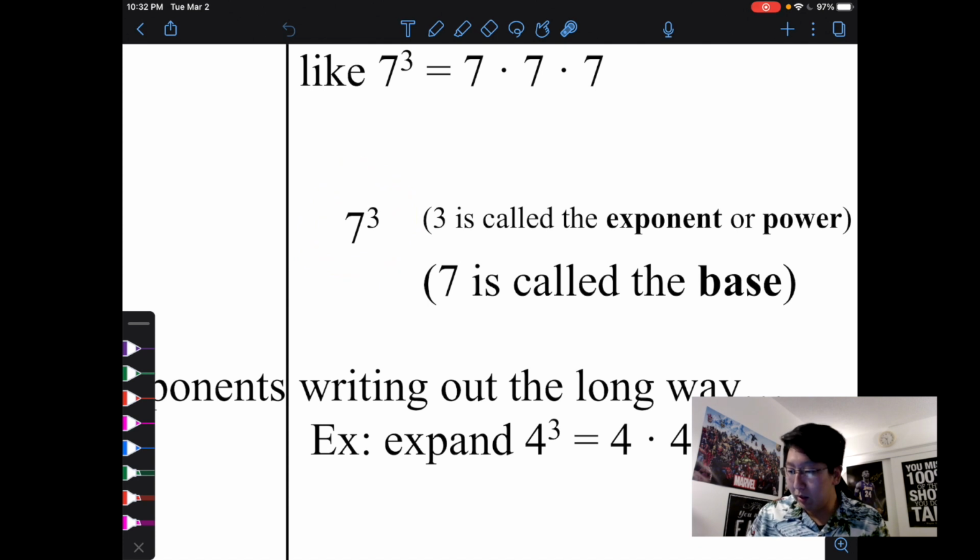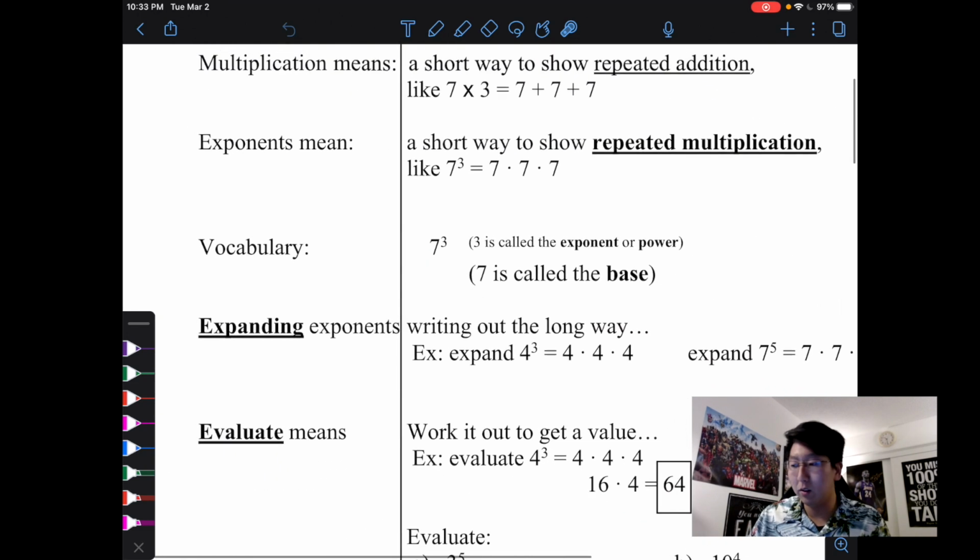One way we can read this is 7 to the third power, or 7 raised to the third power. When I say power, I'm referring to the exponent. Can you try saying that? 7 to the third power. Here, 7 is going to be multiplied by itself 3 times, and that's what the little exponent tells us.